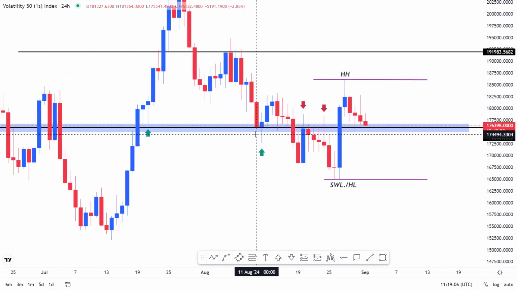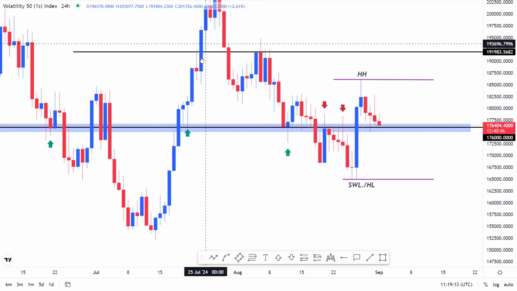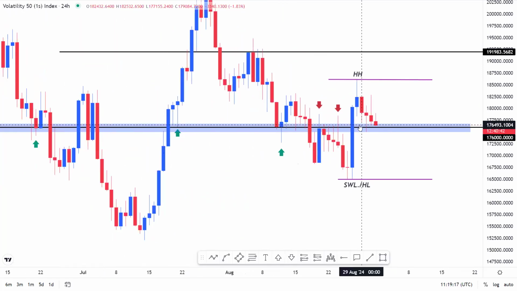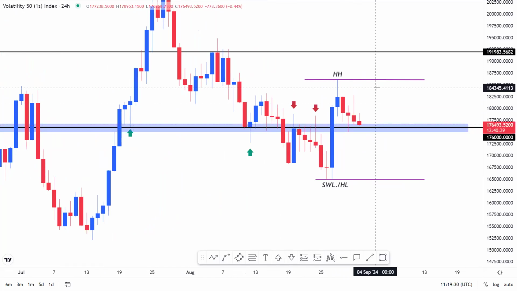During this time, we had a rejection from the level and then a bullish movement to the upside. Also, here we had a rejection from the level and a bullish price rally to the upside. Right about here, the same thing. If for any reason, as soon as we tapped into the level 2 days ago, we had ourselves also a rejection from the level, we would be expecting that the outcomes would also be the same.